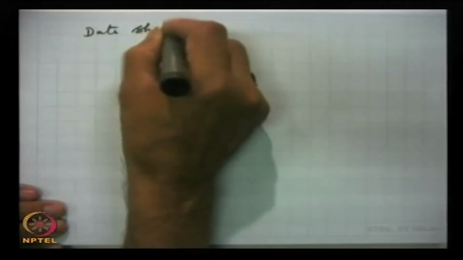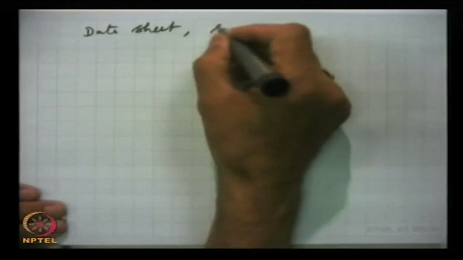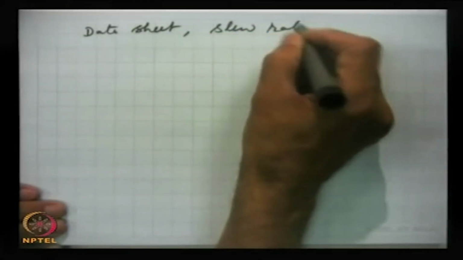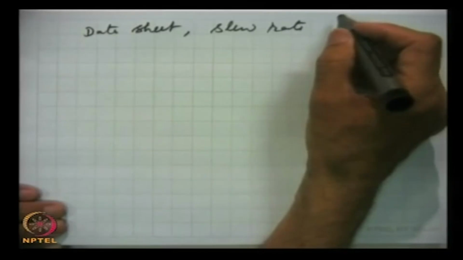And again, there are op amps with different slew rates. Some applications will require very fast slew rates, and those op amps are manufactured differently. Now, manufacturers define in the data sheet of the op amp the slew rate for unity gain.